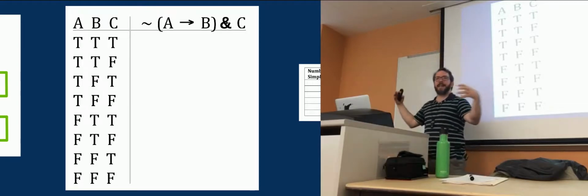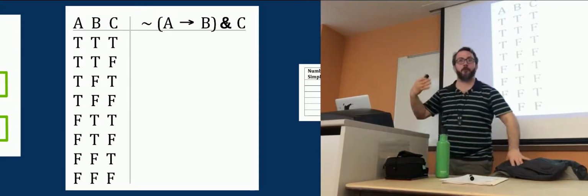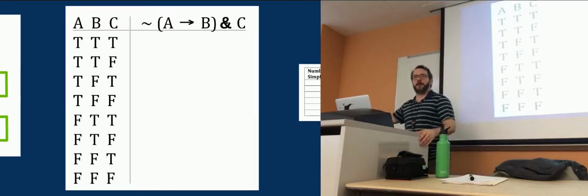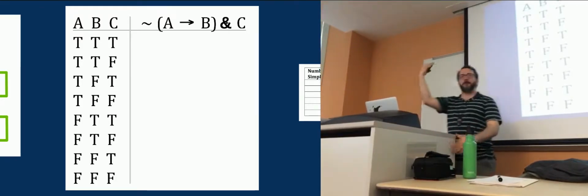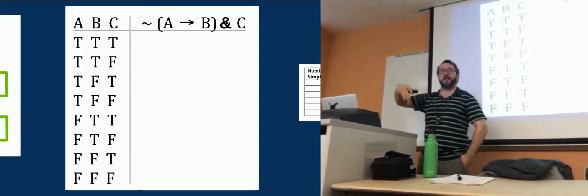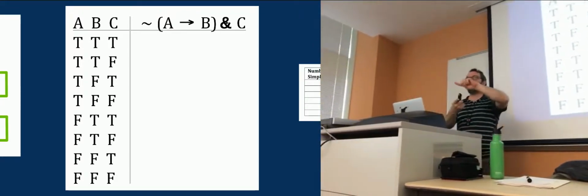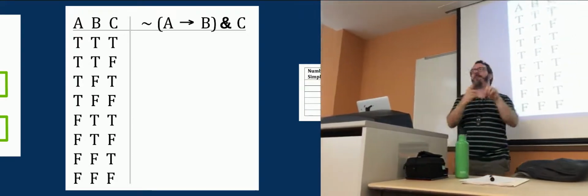I can just keep stacking these things. If I wanted to get really weird, I could say it's not the case that it's not the case that if it's raining, then I'll bring my umbrella. I can do as many of those nots as I want, and each time I'm just negating whatever I said after it.